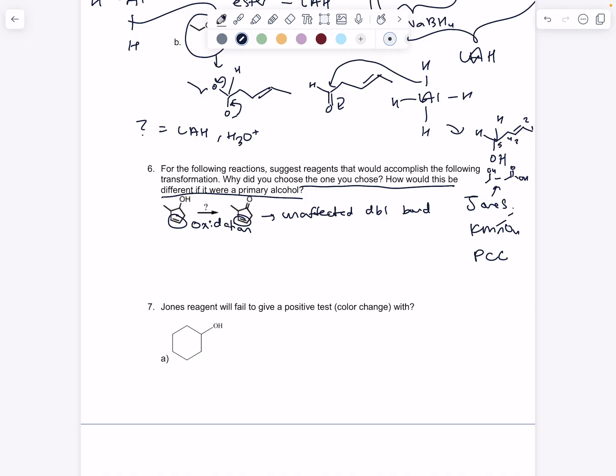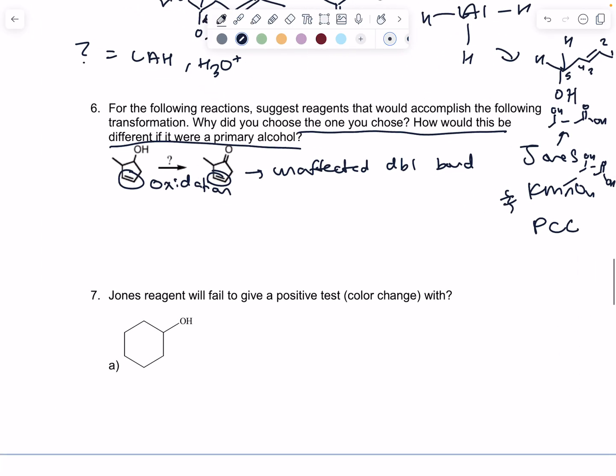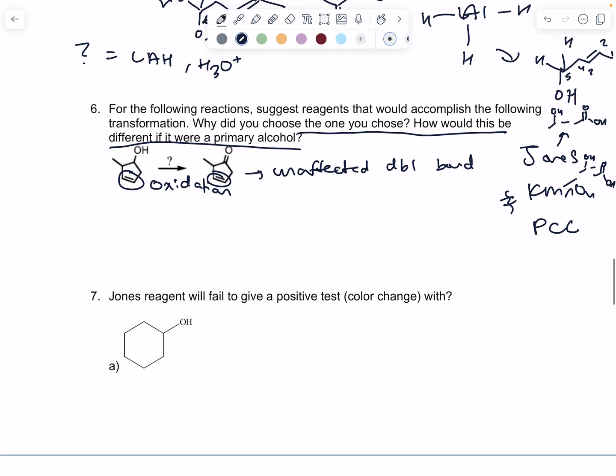KMnO4 will do the same thing, but it also breaks up double bonds. It's a pot stirrer. It stirs the pot. It causes drama wherever it can. And by drama, I mean oxidation. And then PCC takes a primary alcohol to aldehyde. All of them will take a secondary alcohol to a ketone. So all of them will do that.